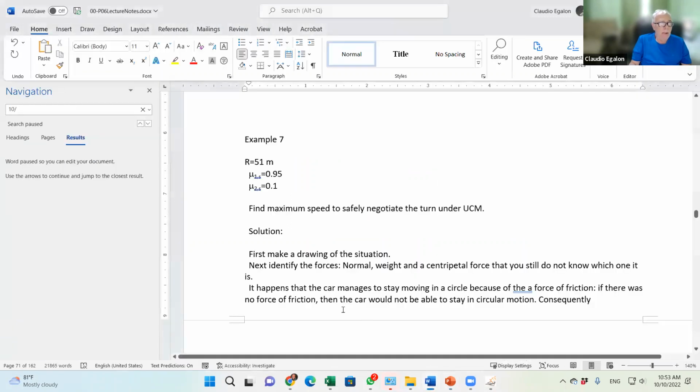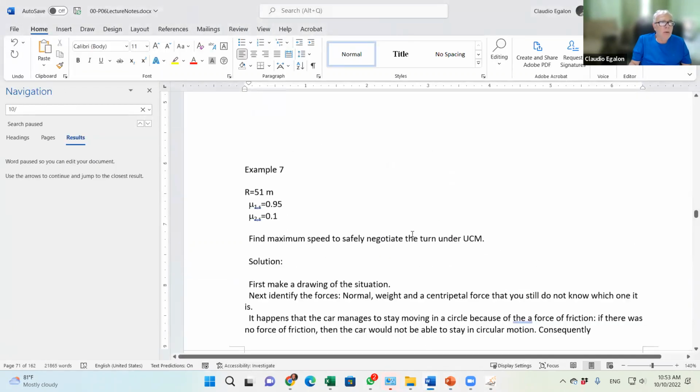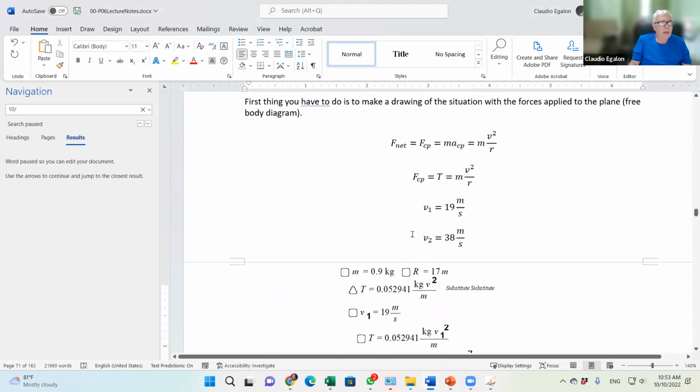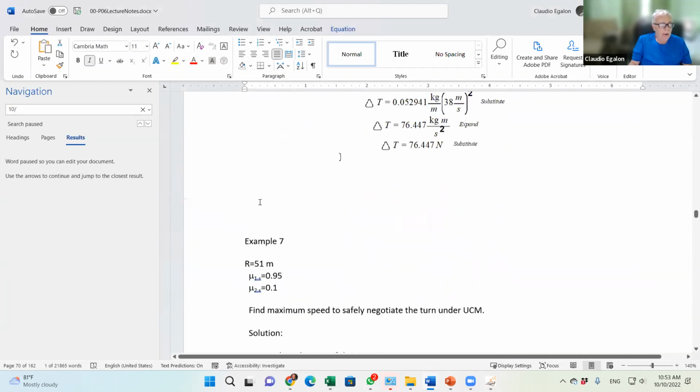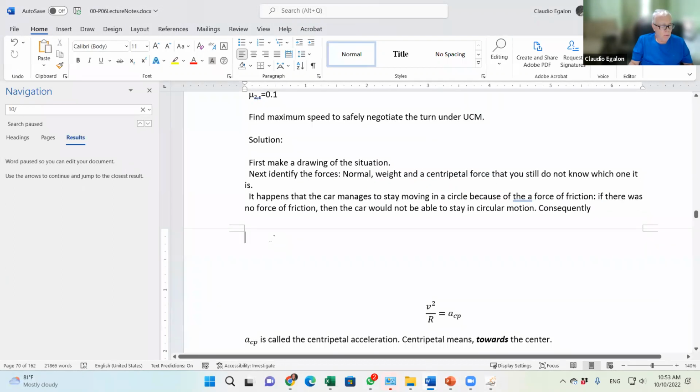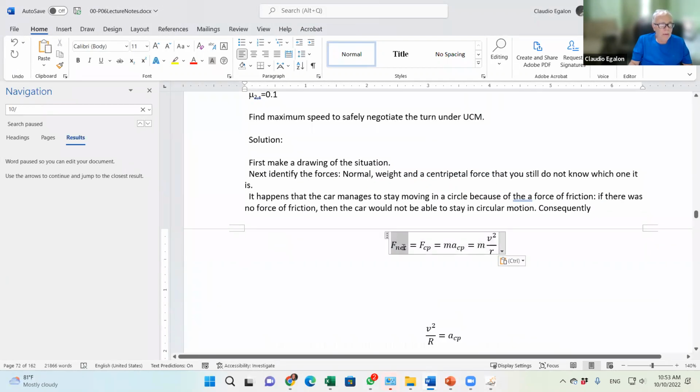So here we go. Now we repeat the same idea. Net force is equal to centripetal force. Centripetal force is equal to mass times centripetal acceleration, mv squared over r.